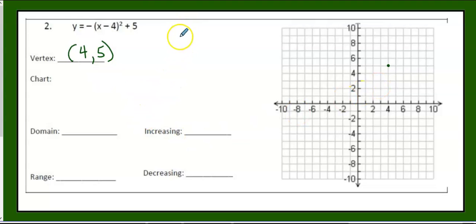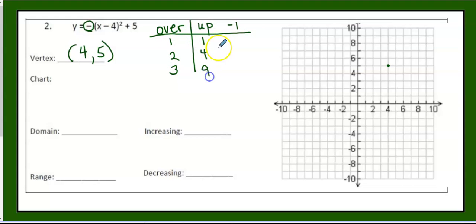All right, my chart. This time, because I've got this negative right here, I need to multiply whatever I get right here by -1. So it's really going to be going down. Over 1, 2, 3, that's 1, 4, 9, and then I multiply that times -1: -1, -4, -9.